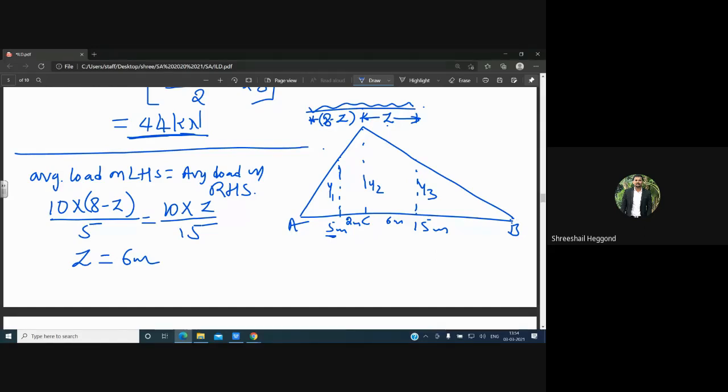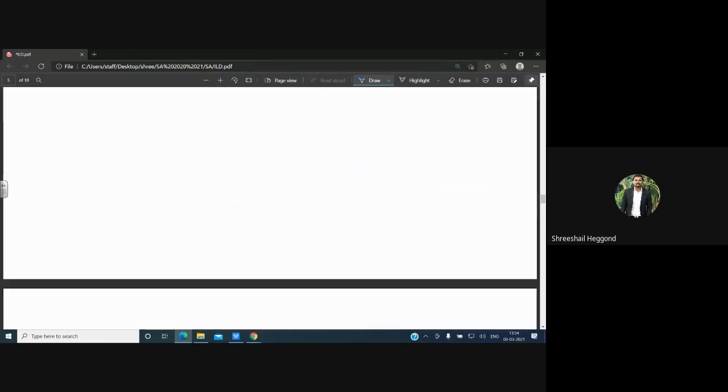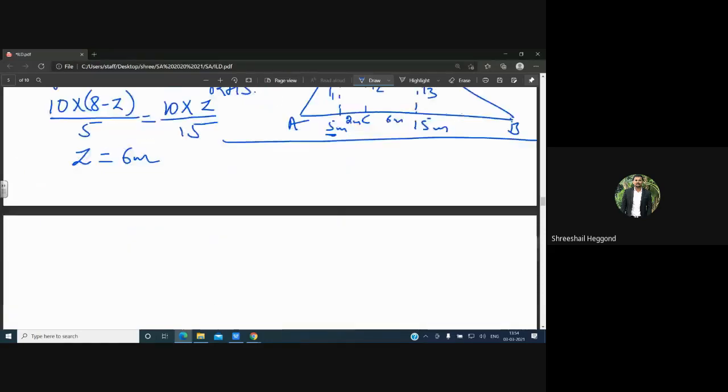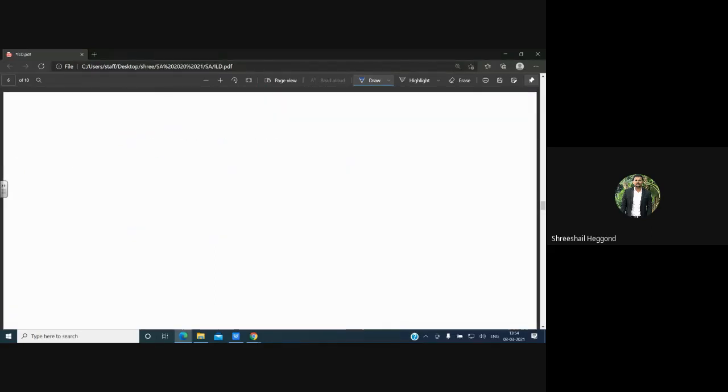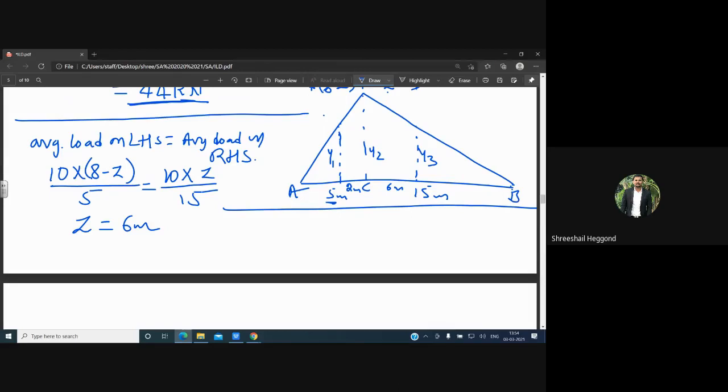First find out the ordinates for the given triangle. Y2 can be calculated with the standard formula AB divided by L. A is 5 meter, B is 15 meter, divided by L, which is 20 meter.